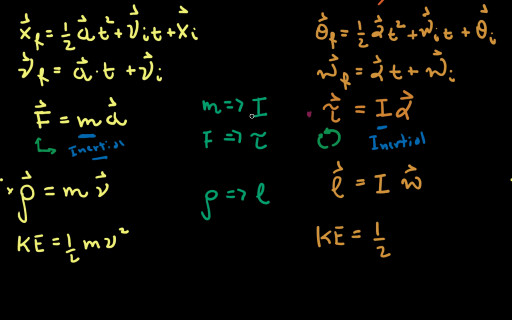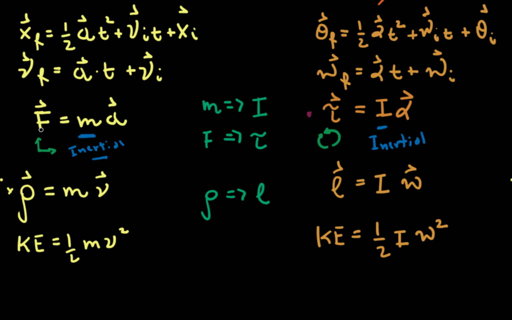Every inertial term is denoted by the moment of inertia for rotational motion, I. And this is a linear speed squared, which means that you need to put an angular speed squared over here.